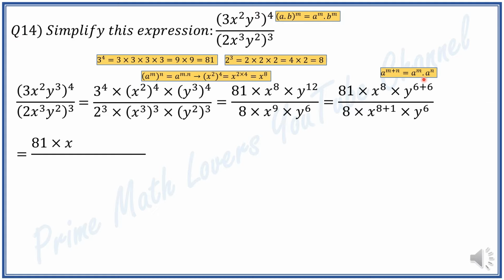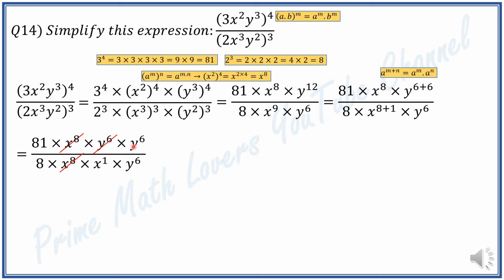So then apply this rule, and y to the power of 6 plus 6 is equal to y to the power of 6 times y to the power of 6. And x to the power of 8 plus 1 is equal to x to the power of 8 times x to the power of 1. Now I can cancel this x to the power of 8 with this one.